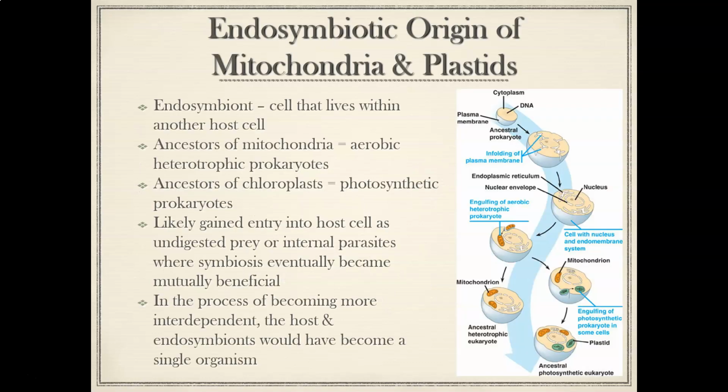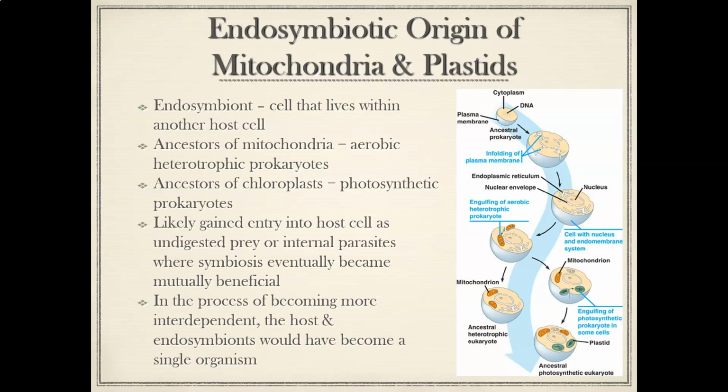So let's break this down for a second. When we talk about an endosymbiont, let's break that word apart. Endo being a prefix meaning within, and a symbiont or symbiosis, living relationships between two living organisms, right?